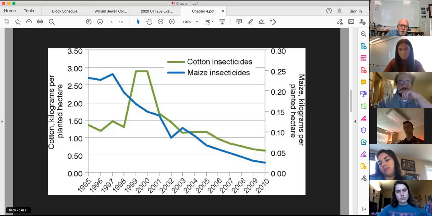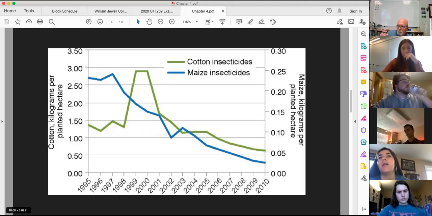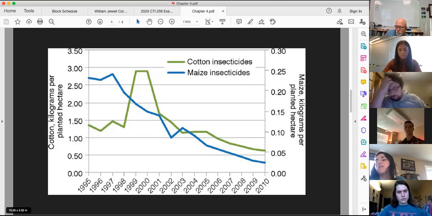So in what way are these crops less genetically engineered than crops today are? I'm confused by that. Well, from what I understand, there's more modifications in crops or seeds or whatever you want to call it today than what this study is showing.